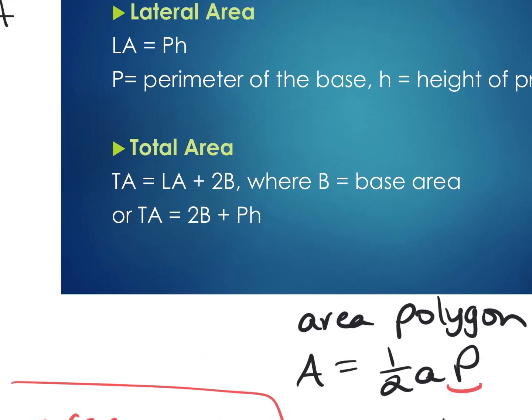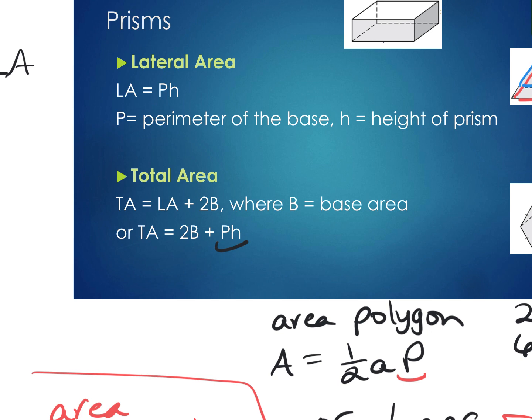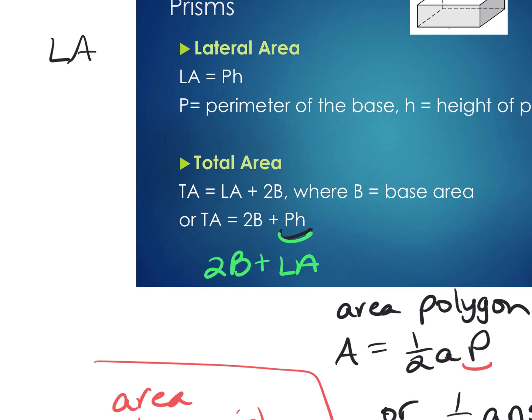So again, the PH here is my lateral area, and then 2B plus LA. You can either memorize it as SA or TA, total area or surface area. Now, if you prefer, instead of using the formula for LA, you could find all of those parallelogram or rectangle sides and then add them all up.